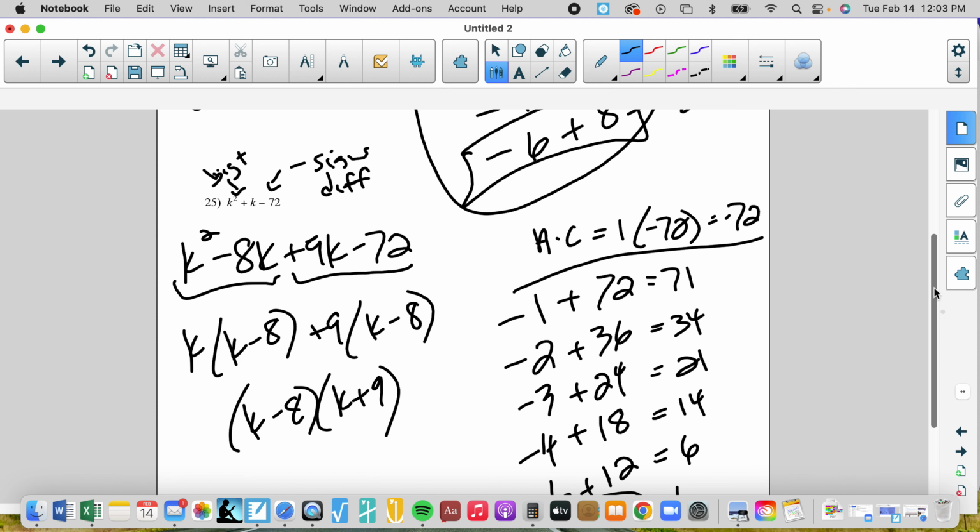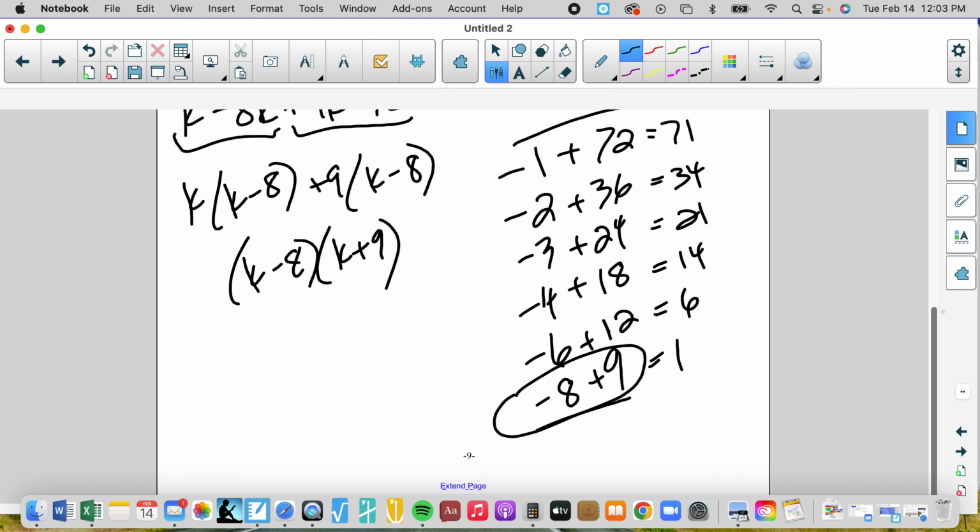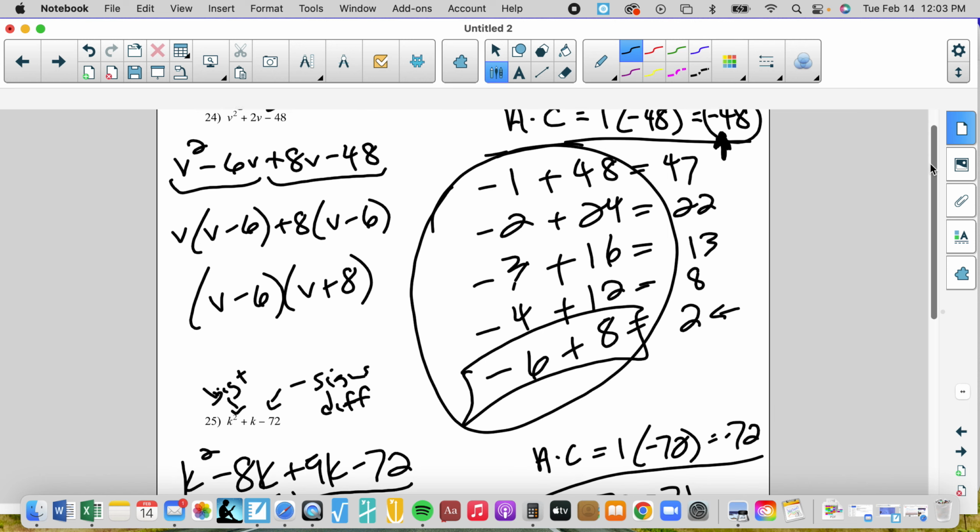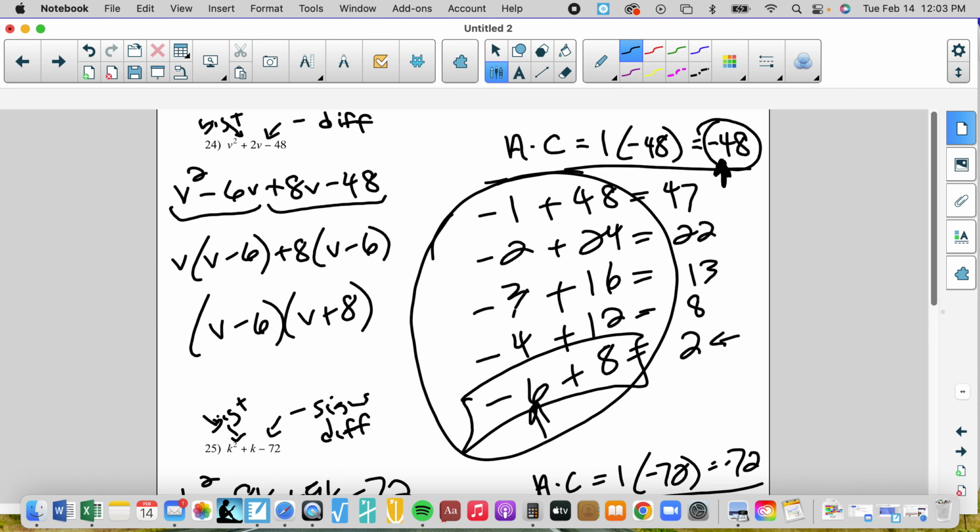I know what you're saying. Mr. Mack, every single time it ends up being -8 and 9. Or -6 and +8. Yes, that works in these very rudimentary, very beginner things. When your coefficient, or when your a is 1, you will notice that pattern.